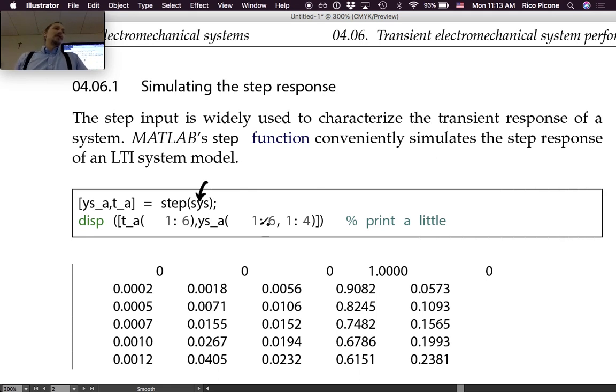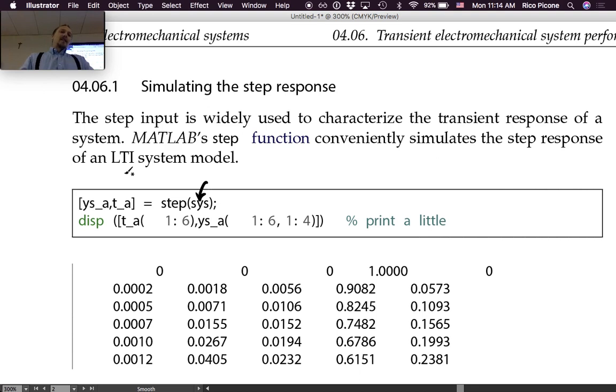This function is just called step, and it returns to you the simulated output and a time array that's associated with that simulated output. So you didn't even have to define a time array. It'll even do that for you. It decided how long to simulate it for. It decided what your initial conditions were, essentially 0. It just did all of this for you. You didn't have to do any of that.